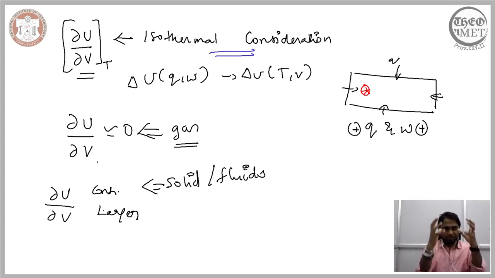So this term will be significantly higher. However, in the case of gas, since the atoms are allowed to move about freely, the volume considerably increases, and therefore this particular derivative is lower.